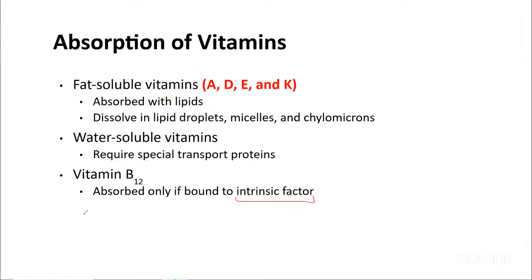Chyme ends up in the small intestine, which is where most of our absorption is happening. We need this intrinsic factor to be bound to vitamin B12 in order for us to absorb it. That's just the way the transport proteins for that specific vitamin work. Other water-soluble vitamins would have their own transport proteins that allow their absorption, but don't tend to need another extra factor to work with them.